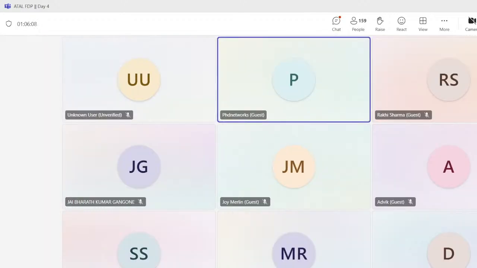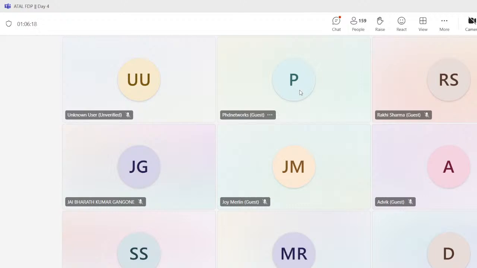Yeah, thank you. So in this session, I'm going to cover the basics of recurrent neural networks, the base architecture, and the types of recurrent neural networks.